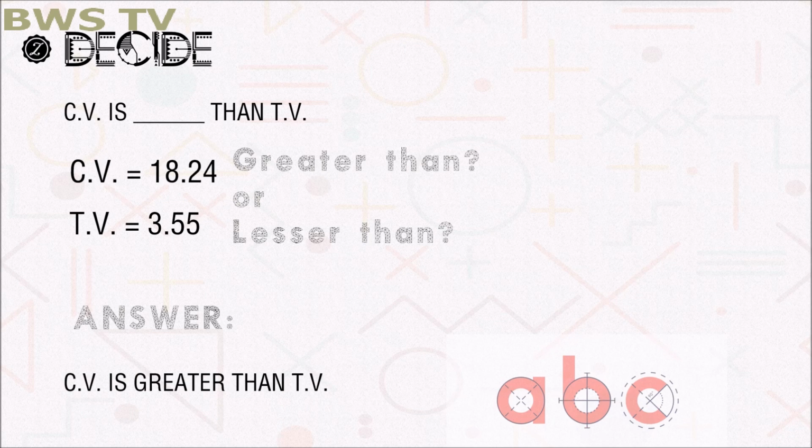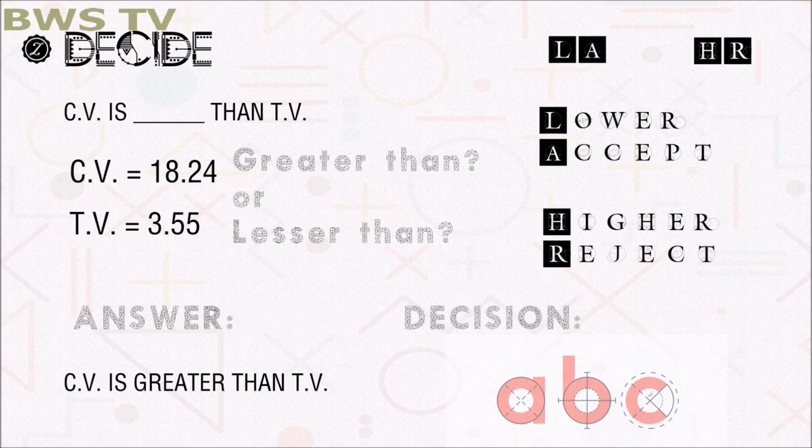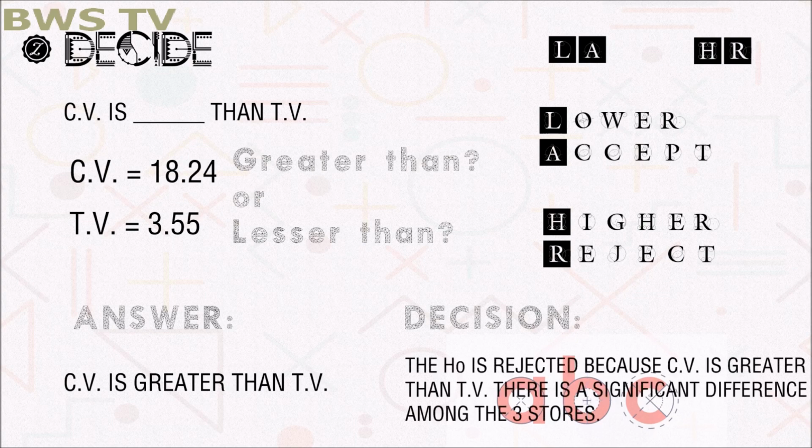So your answer will be CV is greater than TV. And remember the acronym LA and HR. Lower accept, higher reject. So then comes your decision, which is H0 is rejected because CV is greater than TV. There is a significant difference among the 3 stores.